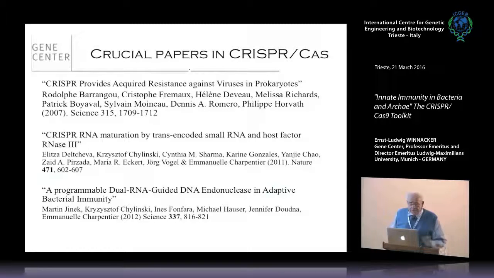And then, of course, the paper in 2012, where Doudna and Charpentier got together to develop this tool whereby the 2 RNAs are fused together. I think I tried to describe this. So that a 3-component system becomes only a 2-component system.